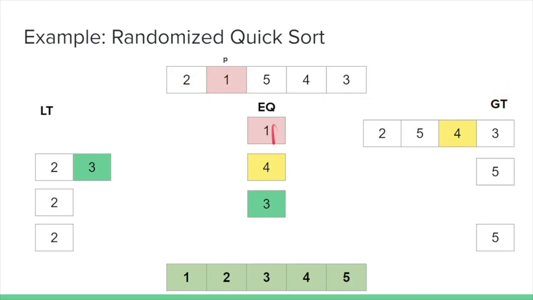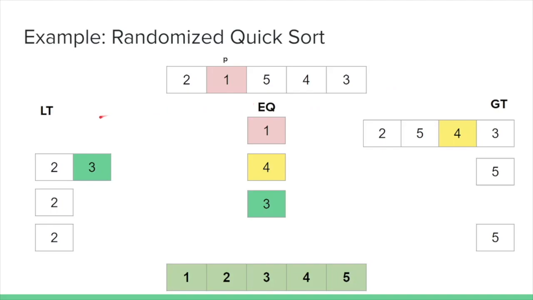And then 1, usually the pivot chosen will go into the equals list. So the pivot 1 will go into the equals list, and then 5, since it's greater, will go into greater than, 4 greater than, 3 greater than.